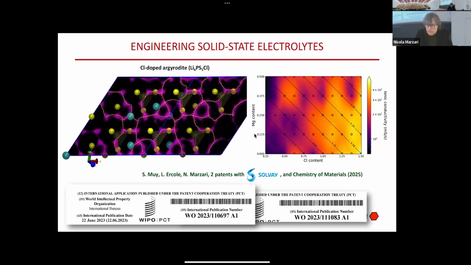And then for the different chlorine and magnesium concentrations, which were some of the optimal couples, we can identify the concentrations that lead to the maximum conductivity. And this is so relevant that the experimental groups at Solvay do this in the lab, and they decide it's relevant enough that they want to patent it.